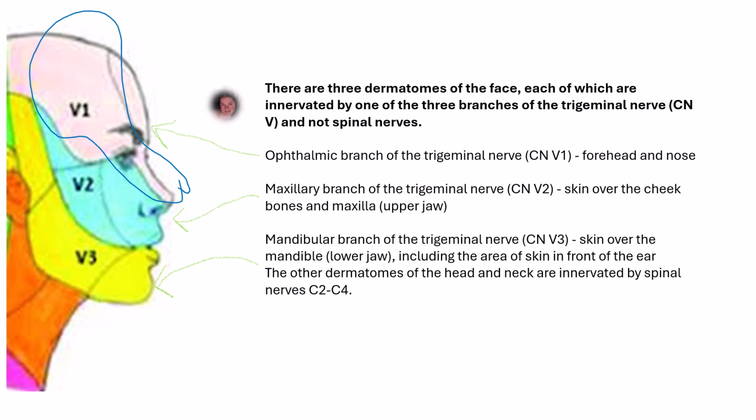How about the maxilla, which is the upper jaw? So maxillary branch does the maxilla and the skin over the cheekbones. All right. The mandibular branch, there's your clue. That does the area over the mandible, the skin over the lower jaw, which is the mandible, including the area of skin in front of the ear. The other dermatomes of the head and neck are all innervated by the C2 through C4 spinal nerves.